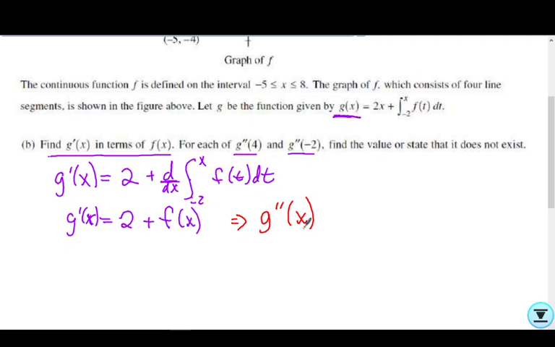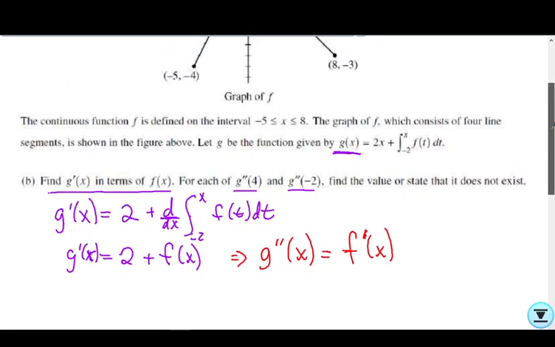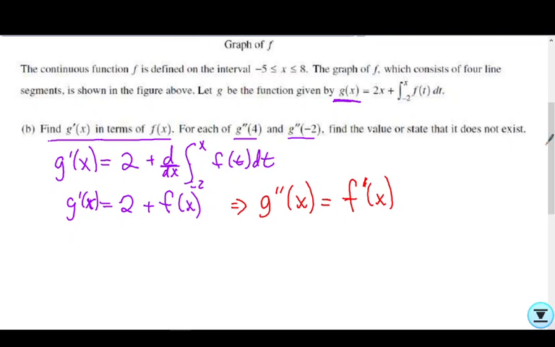The derivative of 2 is 0, and the derivative of f is f prime of x. So the second derivative of g is the first derivative of f. So g double prime at 4 is the derivative of f at 4.